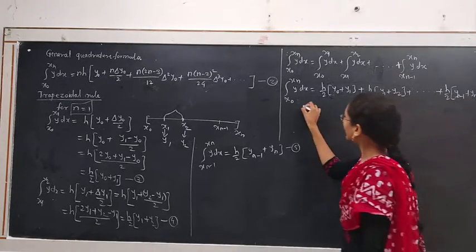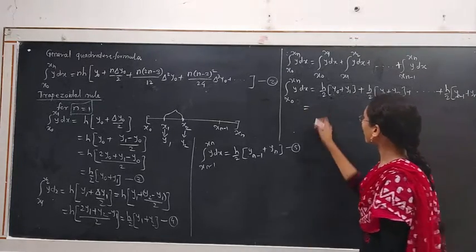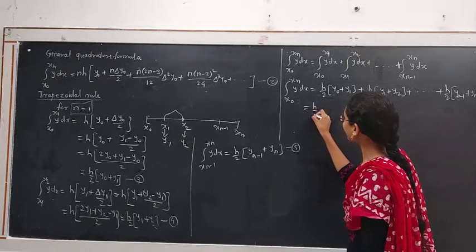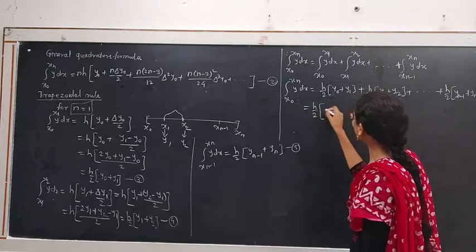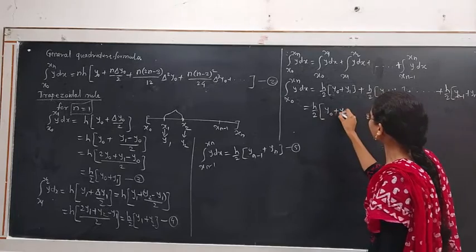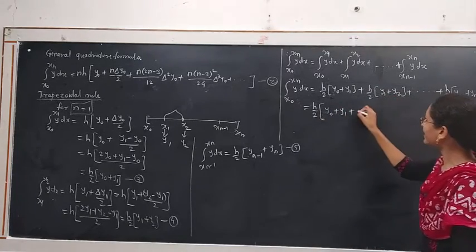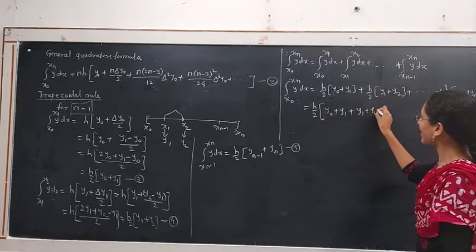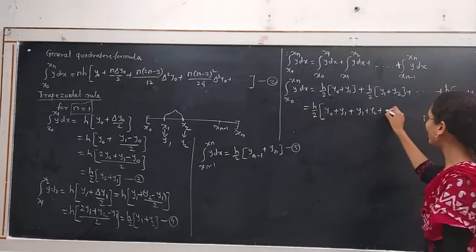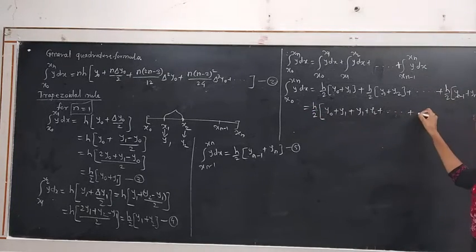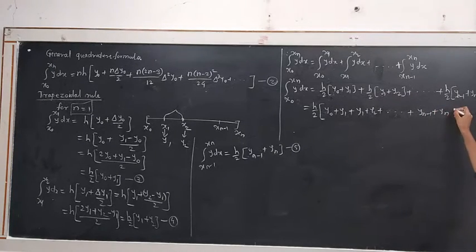This is equal to, as h by 2 is common to all the terms, h by 2 into y0 plus y1, plus this bracket y1 plus y2, plus the last one, yn minus 1 plus yn.